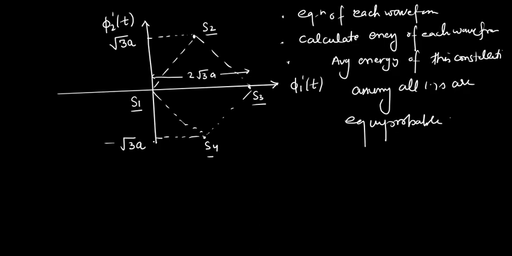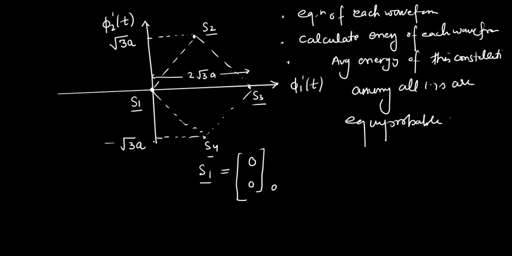So what would be the equation of s1(t)? Because s1 is a vector, first you have to write its coordinates: 0, 0.